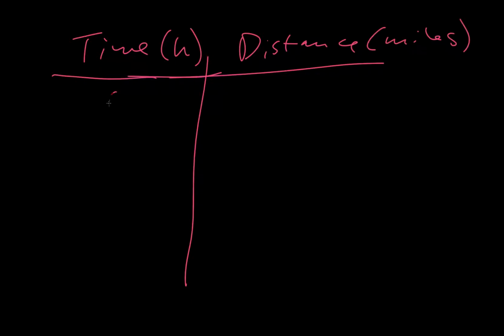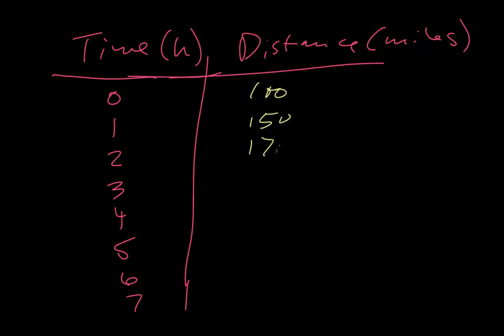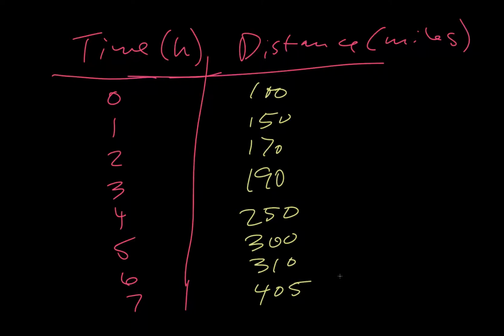So time, we have 0, 1, 2, 3, 4, 5, 6, 7. And then we have 100, 150, 170, 190, 250, 300, 310, 405. Okay, so we just have this data that'll be given to you.